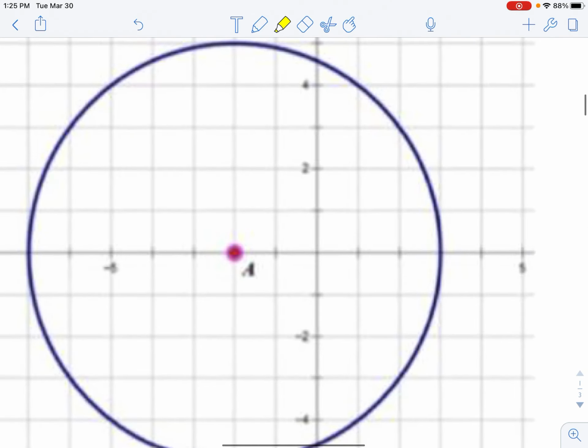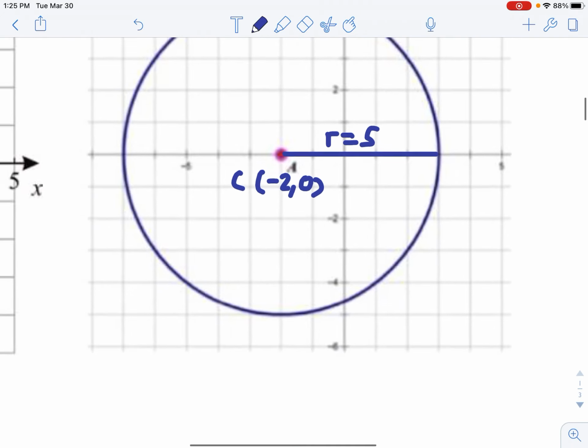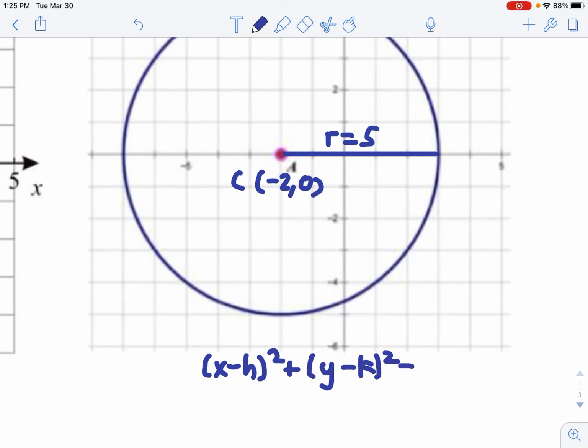All right, here, center is (-2, 0). Again, we're fortunate. It's almost like I did this on purpose, where we could count the radius again. So we got our good friend, the standard form of equation, (x - h)² + (y - k)² = r².